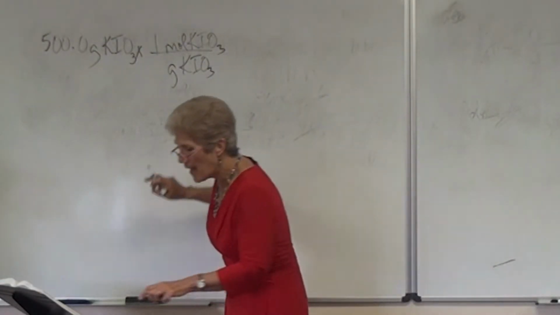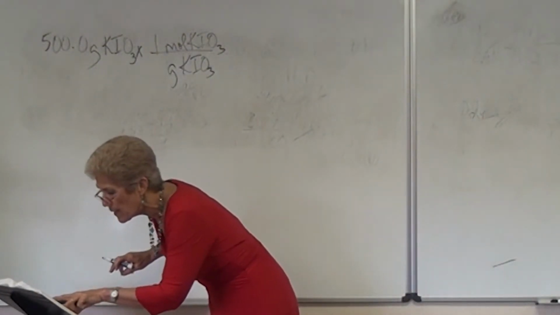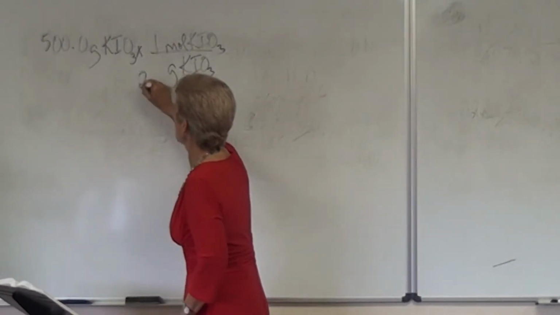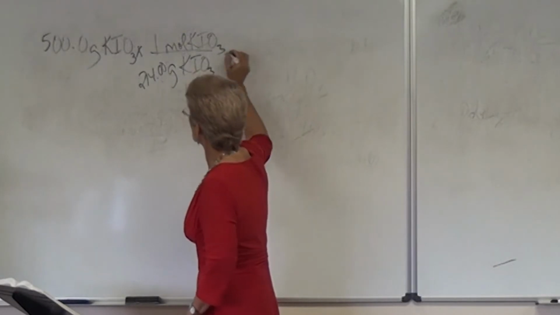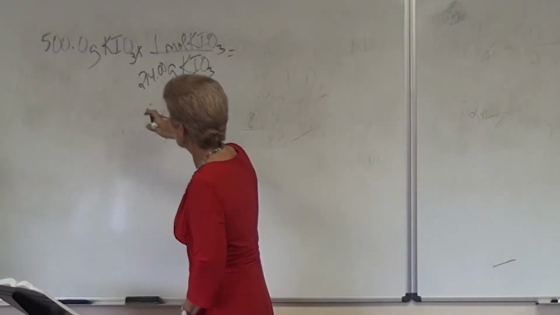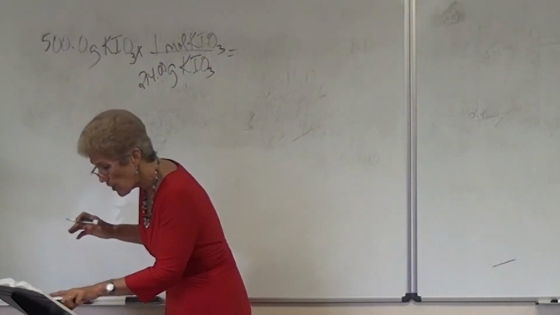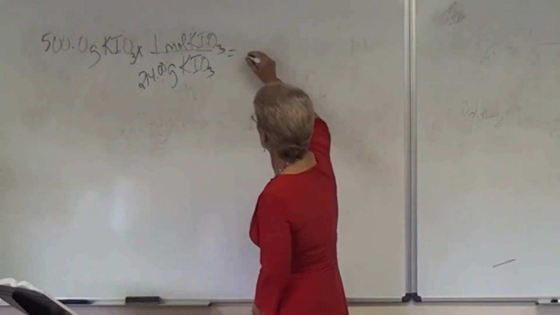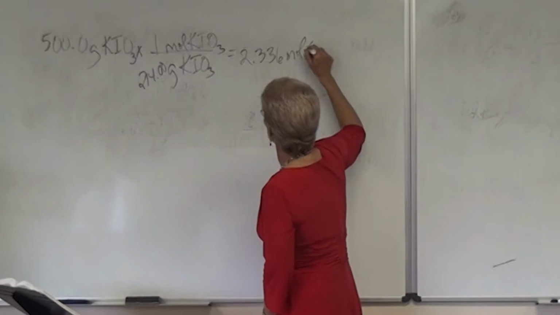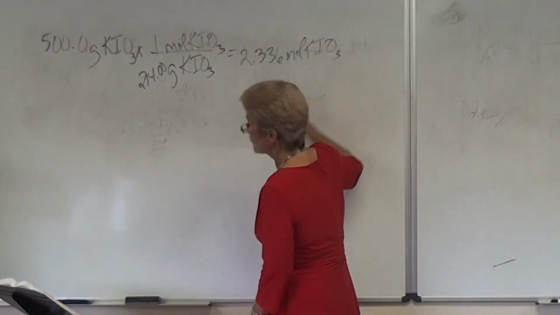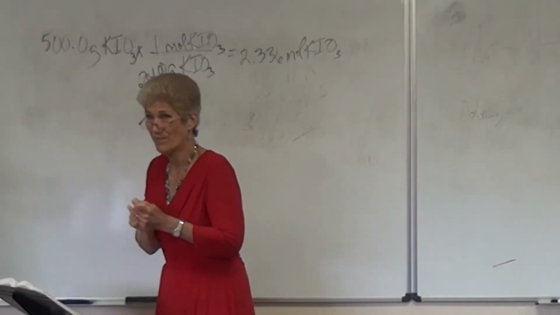And then you're going to add that up. It's going to end up being 214, it's heavy, 214.00. So, wow, our answer is going to have 4 significant figures. So it's going to be 2.336 moles of potassium iodate. Okay, so far so good?